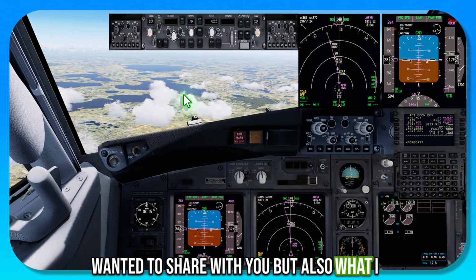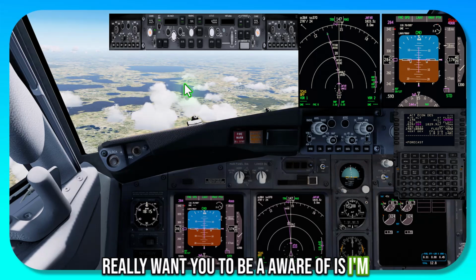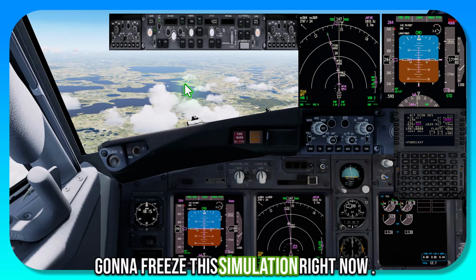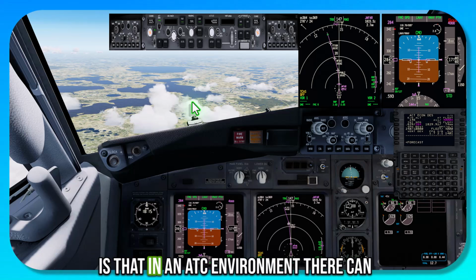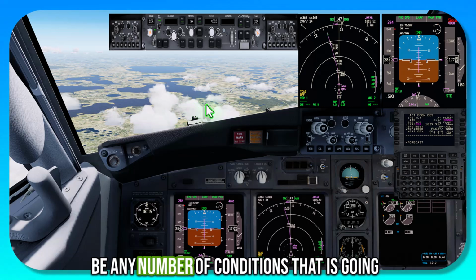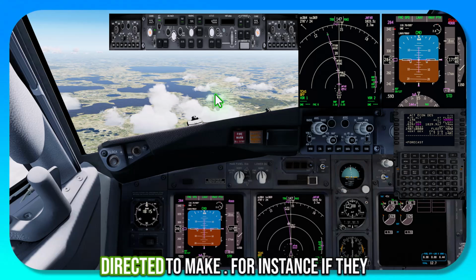But also what I really want you to be aware of, I'm going to freeze this simulation right now, gang, is that in an ATC environment, there can be any number of conditions that are going to create some changes that you might be directed to make.